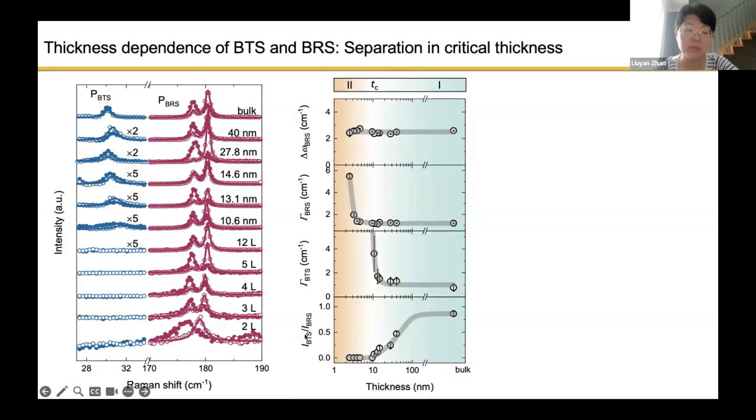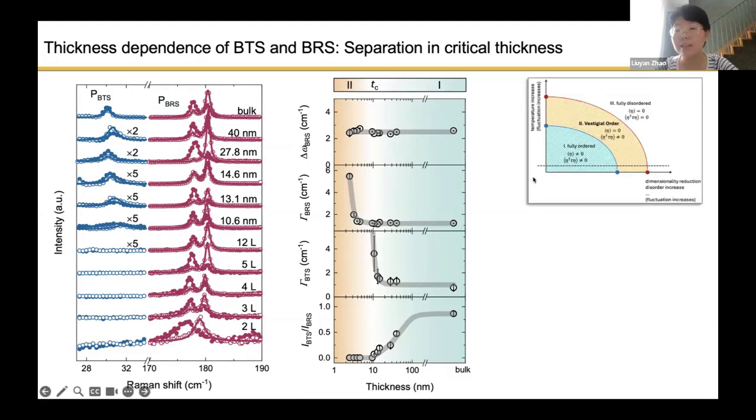This kind of relative plot assures us that, no, it is really that the translational symmetry breaking mode vanishes way quicker than the rotational symmetry breaking mode. So this is sort of like a horizontal cut in this phase diagram at a fixed temperature and running across different thickness.